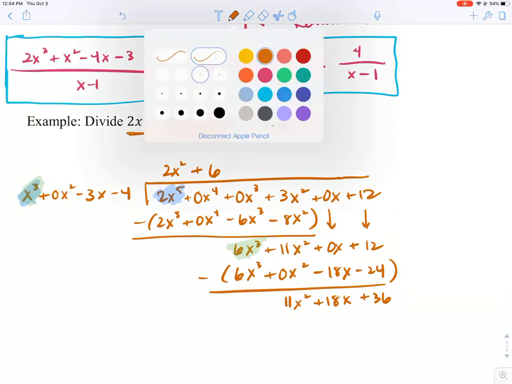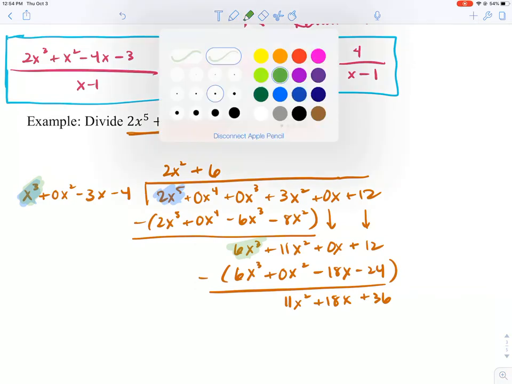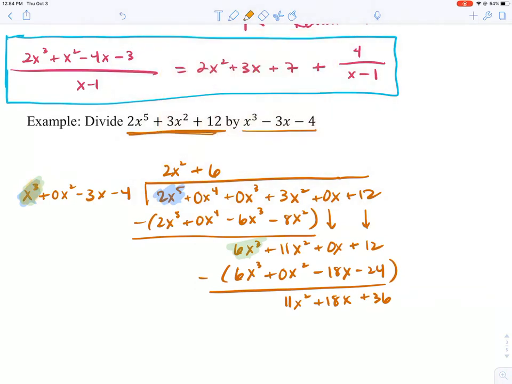And then notice that when I go, okay, what times x cubed would give me 11x squared? Well, x cubed has a larger exponent than x squared. And polynomials have to have whole number exponents, so we are done. So this would be the remainder.